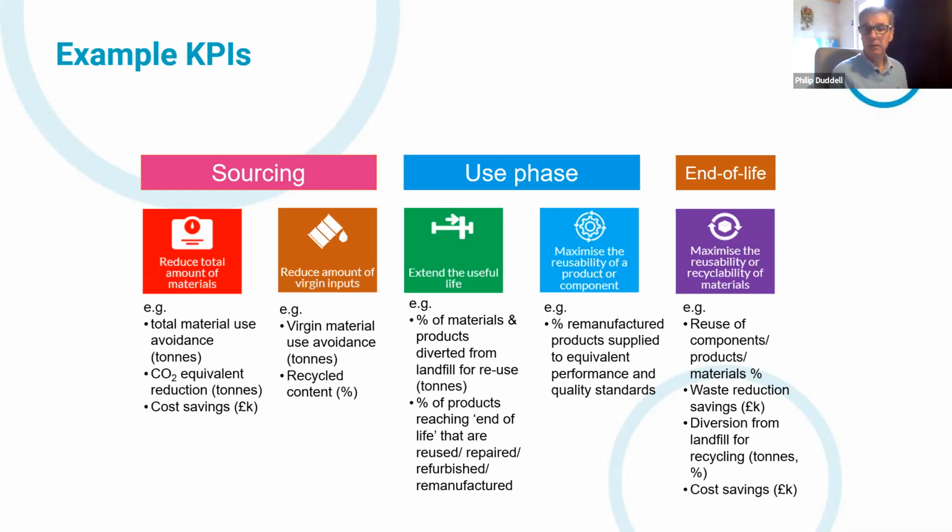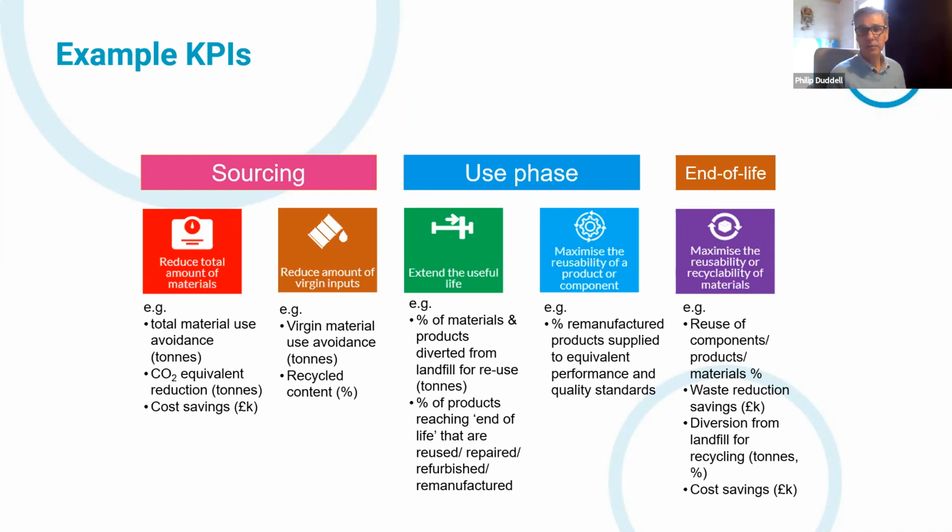What products reaching the end of life are then repaired? So how are we extending their useful life through repair, refurbishment, reconditioning, etc.? And is there any remanufacturing that's taking place? Are we using products, for example, that are remanufactured? What percentage of products being supplied come from remanufactured sources which meet our required performance, quality, warranty requirements?